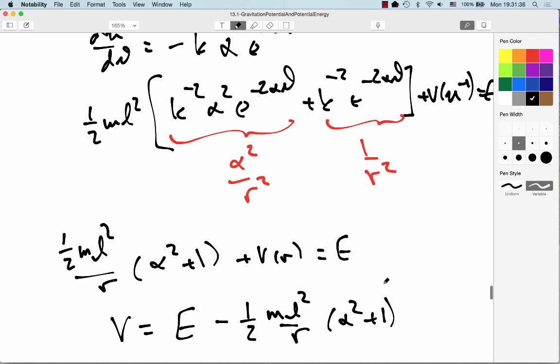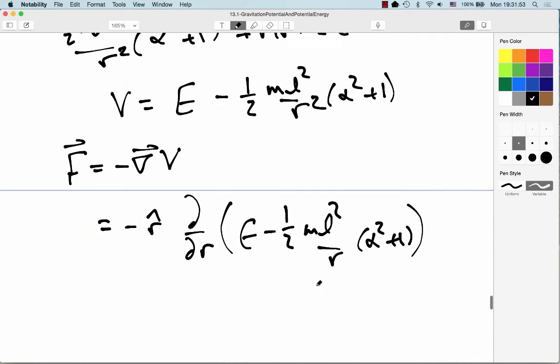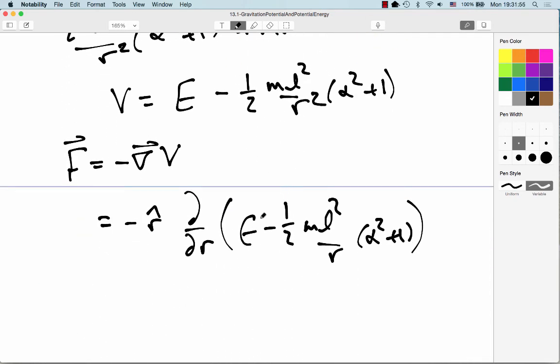Sorry, I think I dropped a term somewhere. That should have been over r squared there. Okay, so the derivative of E is just 0.